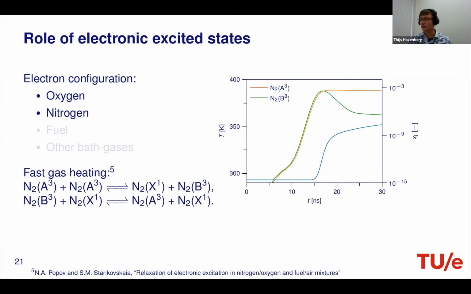That means that this gas now is hotter, still relatively cold, but if you would have a higher energy discharge, it would be at much higher energy. And then you have higher temperatures, which accelerate reactions.